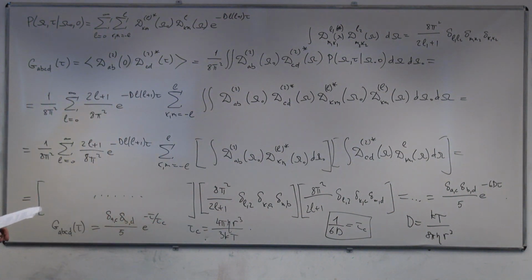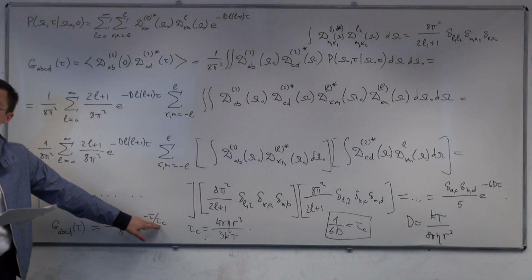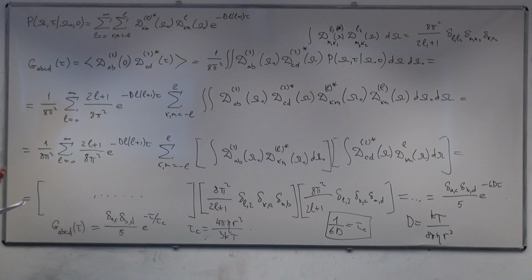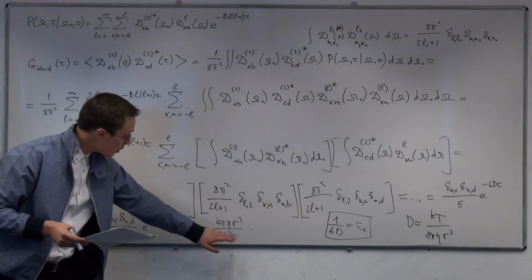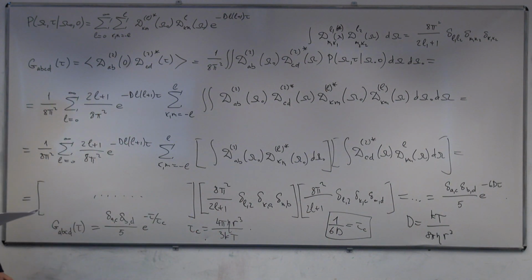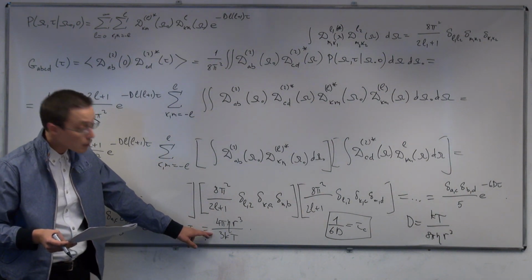That's it. So this τ_c, the correlation time, is just the characteristic time of the decay of this correlation function, defined like this through viscosity, molecular radius, or well, molecular volume in fact.